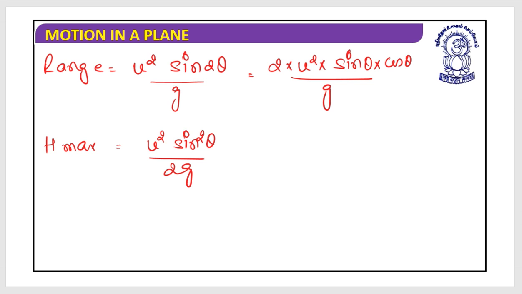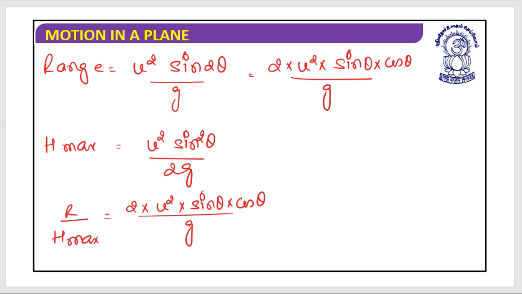Now I require the ratio R divided by h max. So the ratio is 2 u square sine theta cos theta divided by g, divided by u square sine square theta divided by 2g.